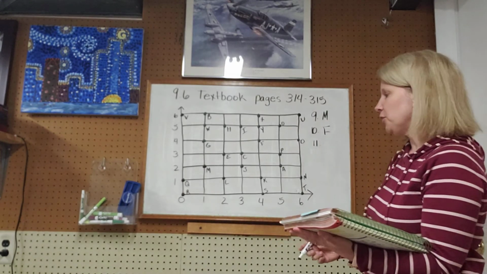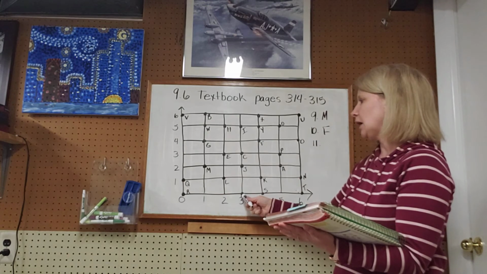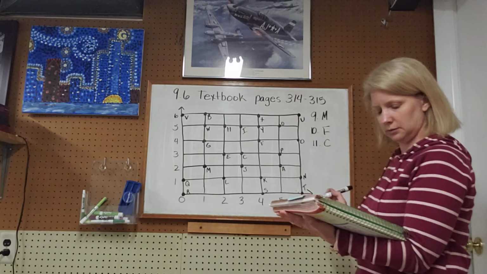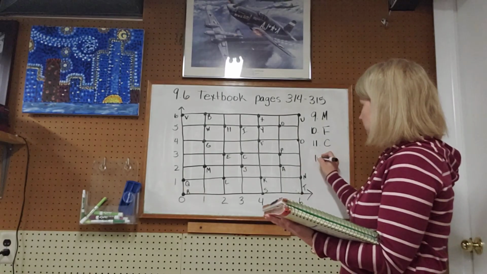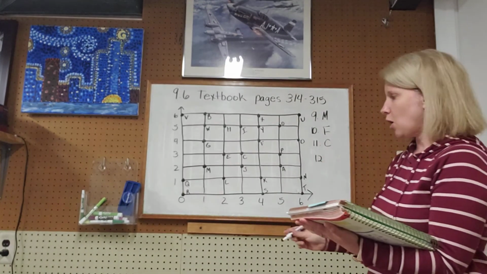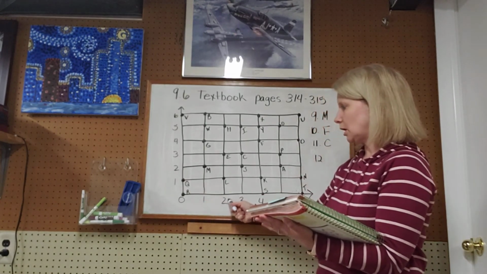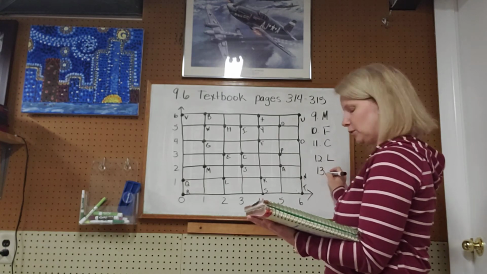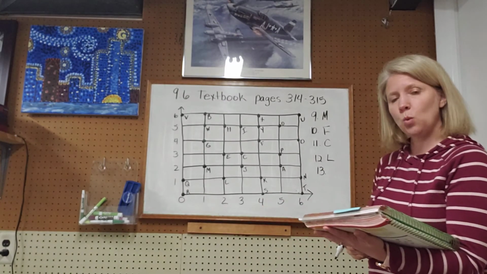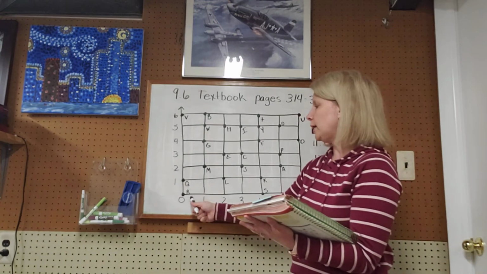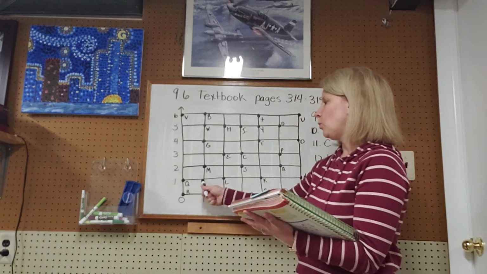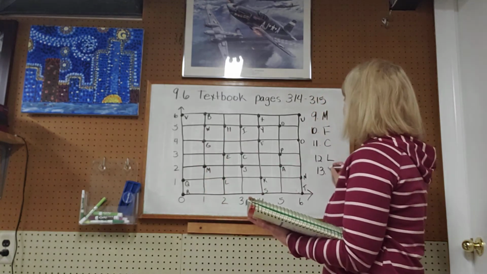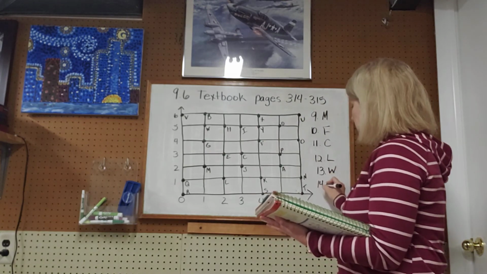11, 3, 3. You go over 3, up 3, and you find C. Number 12. Over 2, up 1 is L. 13. It's 1 and 5. So you'd go over 1 and up 5. 1, 2, 3, 4, 5, and you find W. 14.